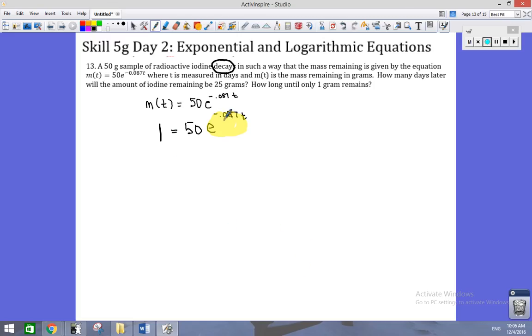Again, on the right-hand side, I have two factors. It's this factor that I have highlighted that I'm interested in. It has my variable. I'm going to divide both sides by 50. So I've got e to the negative 0.087t, and I've got 1 divided by 50. Now I need to take the natural log of each side.